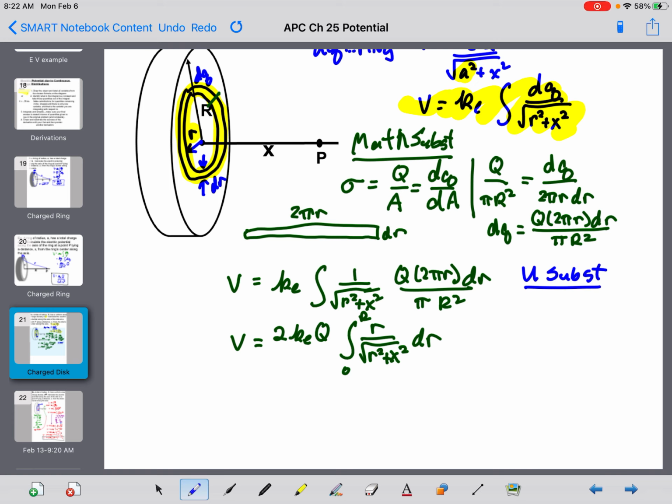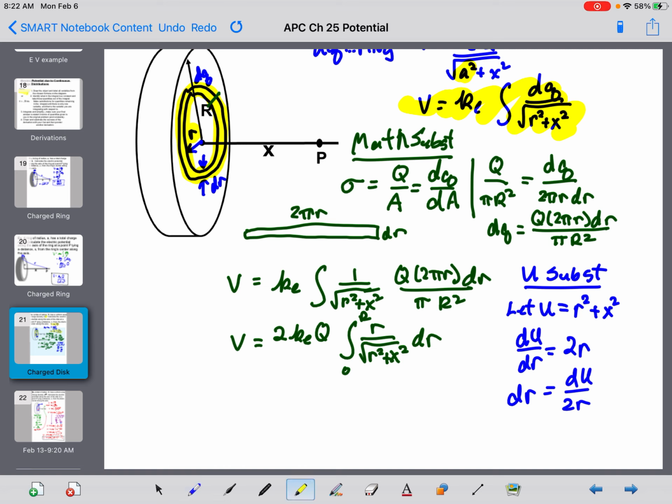For the u substitution, I'm going to let u be equal to my messy stuff in the denominator, r squared plus x squared. Then du dr would be 2r, and dr would be du over 2r.